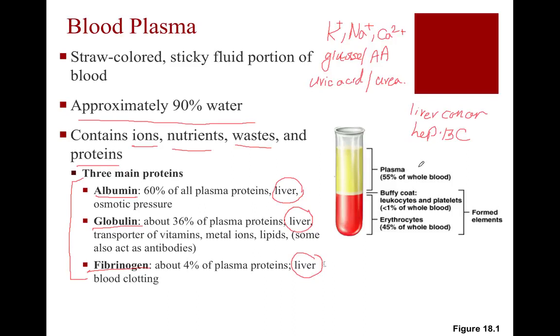So let's go ahead and look at these proteins in a bit more detail. Starting with the most common one, which is your albumin, forming about 60% of your total blood plasma, which is significant. Now, what is its function? The most important function it has is osmotic pressure. So let's take a look at what osmotic pressure means.